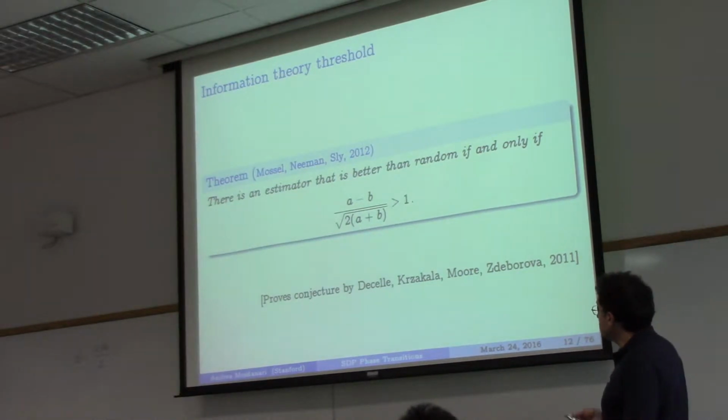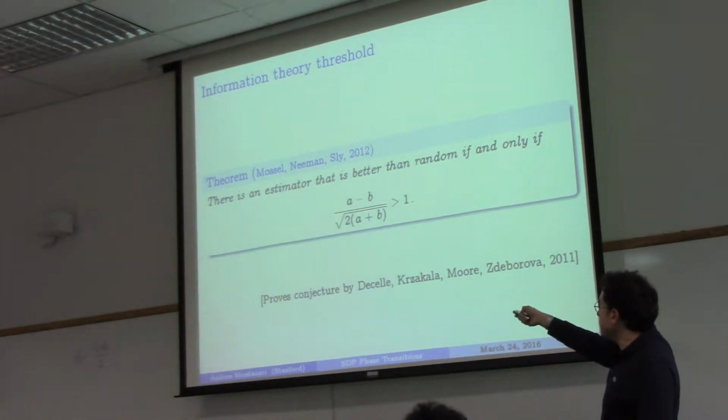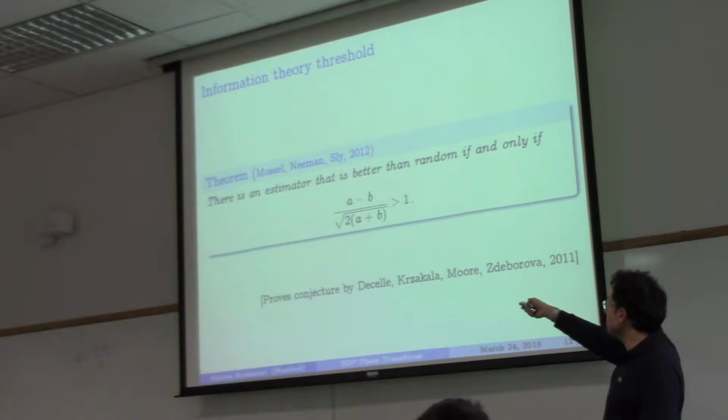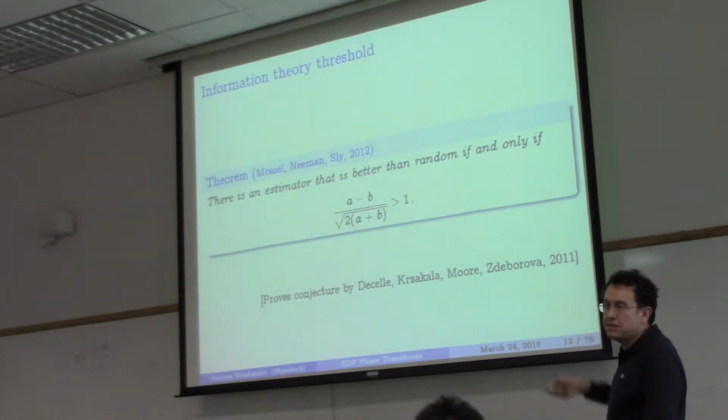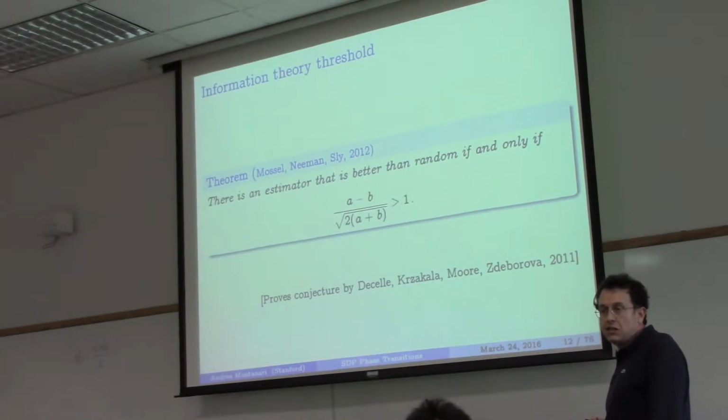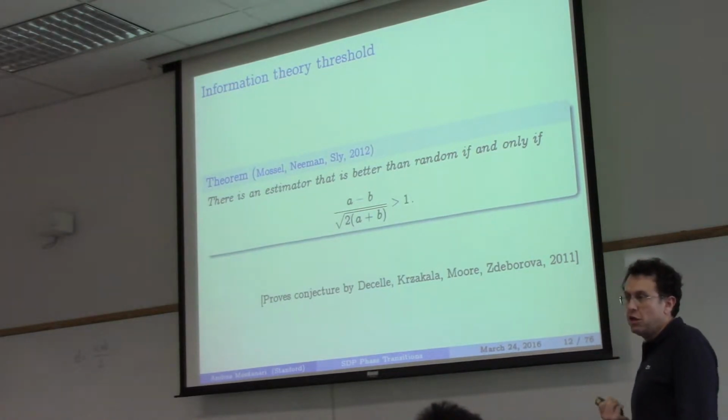So here you are taking the ratio of the signal over the standard deviation of the noise. So this really plays the role of a signal-to-noise ratio. And this theorem tells something very elegant: when this special signal-to-noise ratio is bigger than 1, puff, you can estimate better than random.